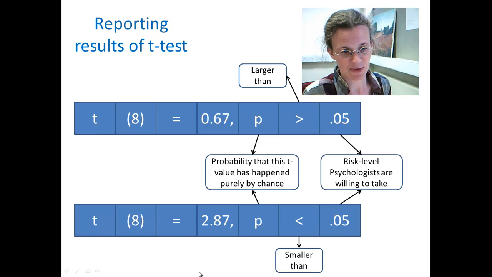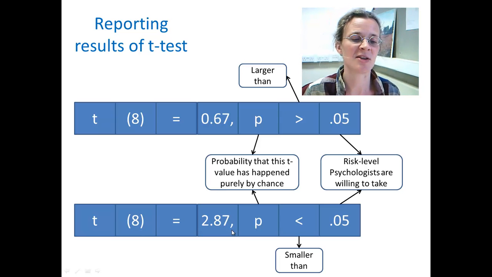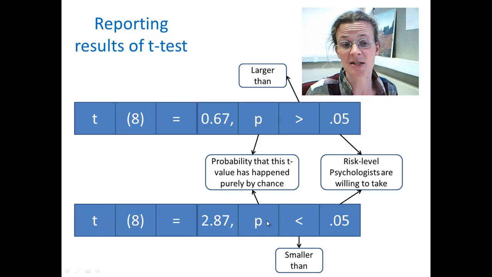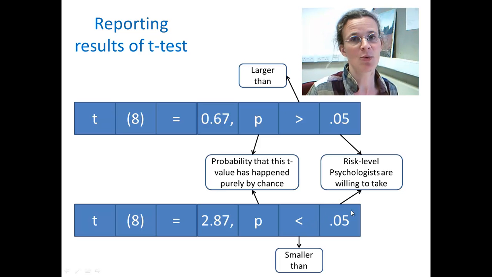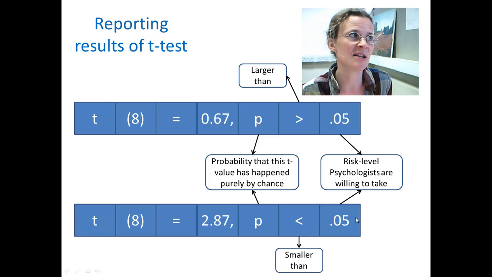In the bottom scenario, the t that you've observed with this degree of freedom equals quite a bit more, 2.87. So the probability that this t value has happened purely on the basis of chance is smaller than the risk level that we're willing to take. So when it is smaller, then we say it won't have happened by chance alone. There's probably something genuine going on.